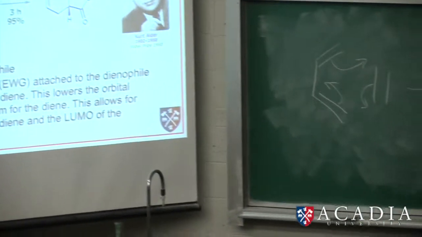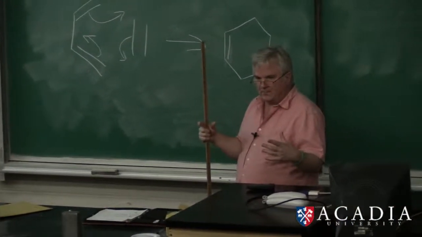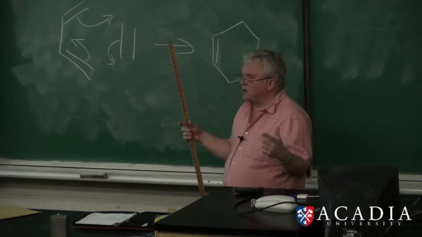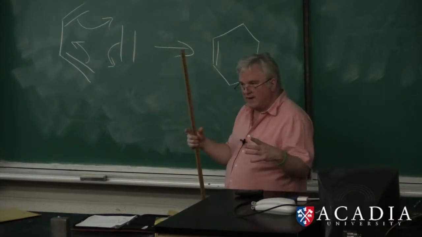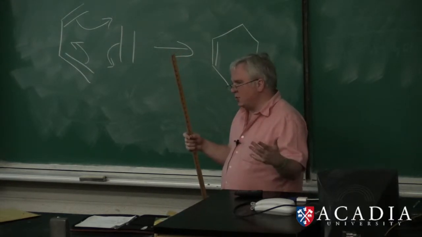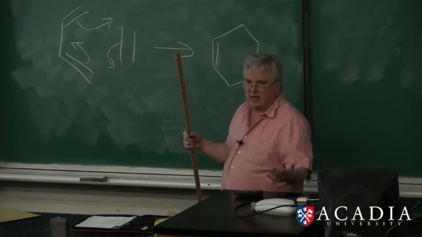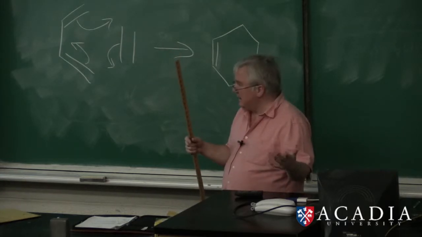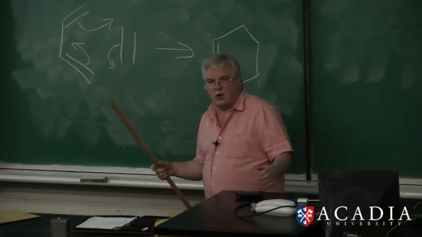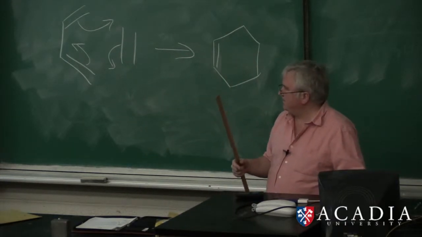If we don't have those things, the reactions go much slower. If we have an electron donating group on the diene and an electron withdrawing group on the dienophile, the reactions go faster. We can also have what we call inverse demand Diels-Alder reactions, where we flip that. We put the electron withdrawing group on the diene and the electron donating group on the dienophile. Those also go, although they're less common.